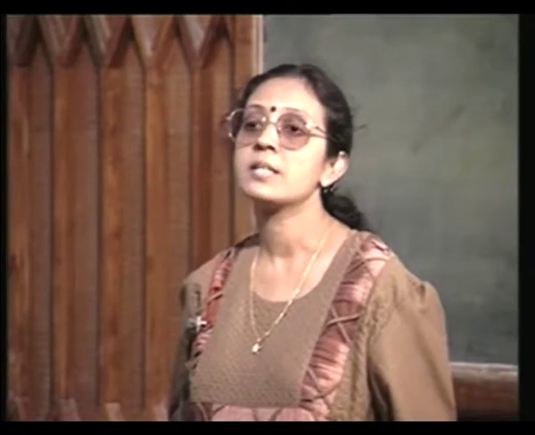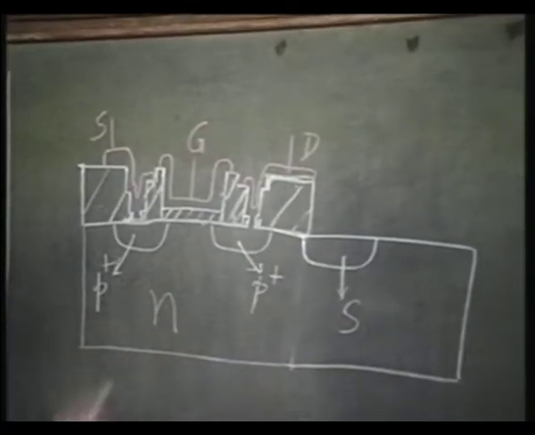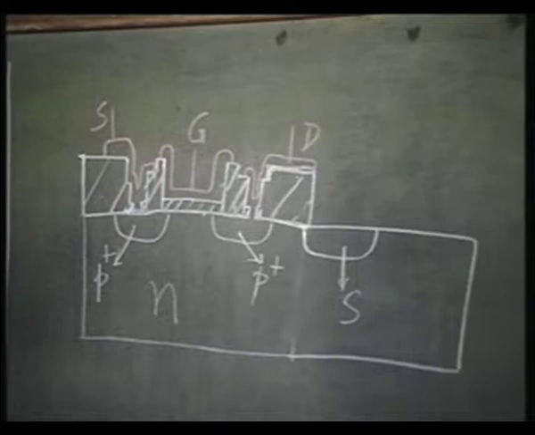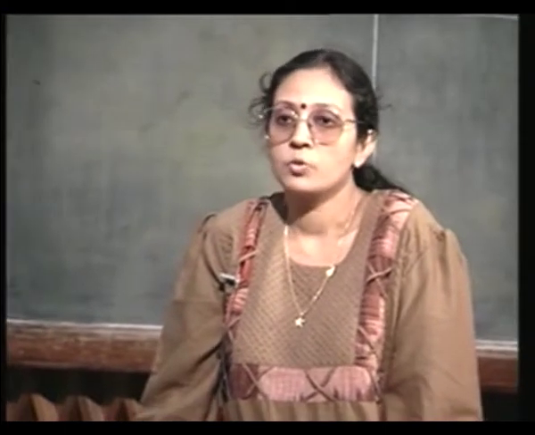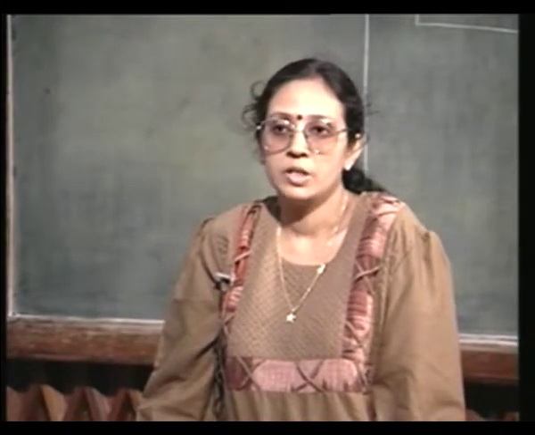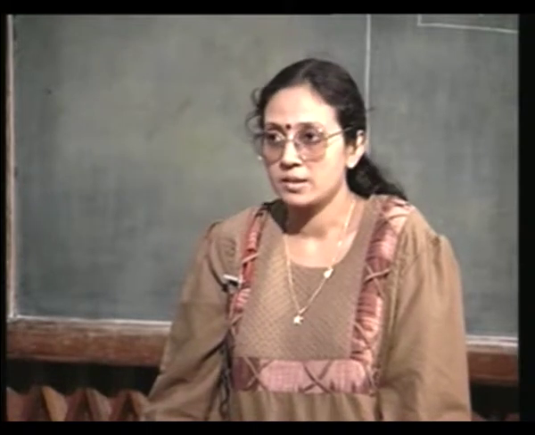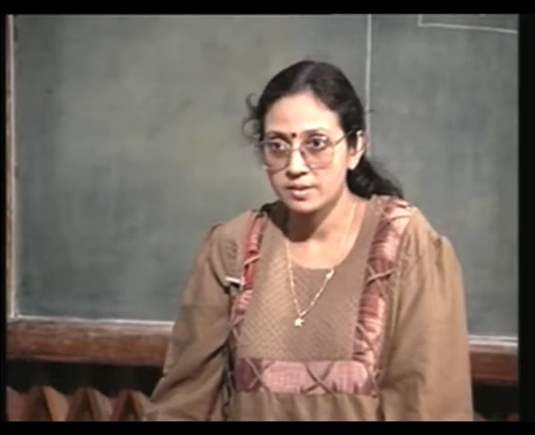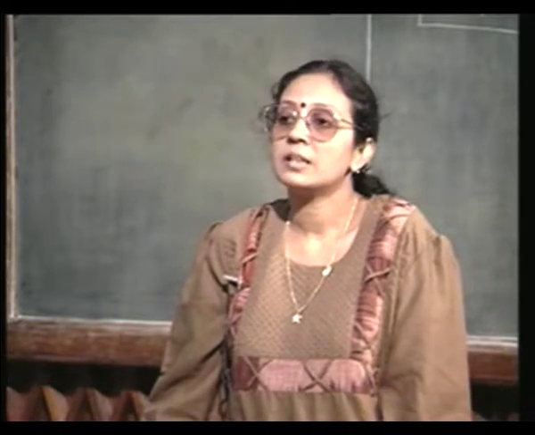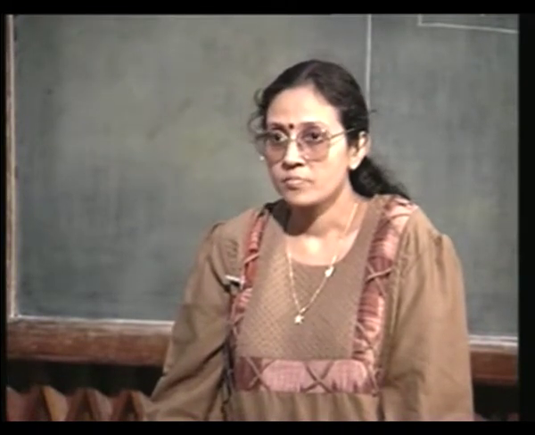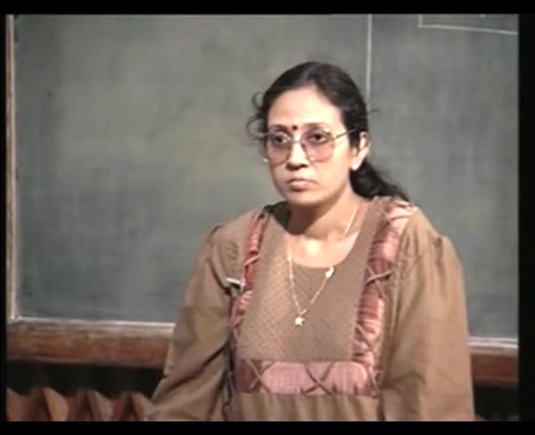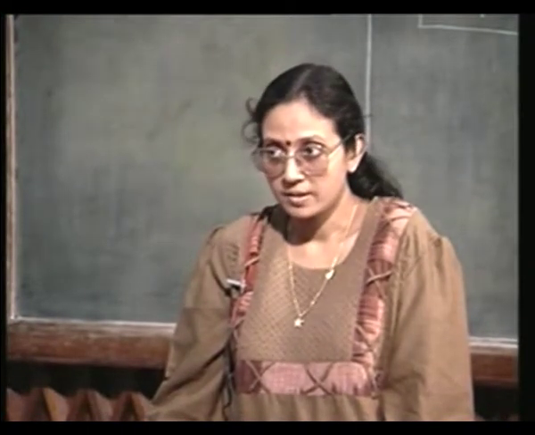Now, this oxide must be thick so that the turn on voltage, the threshold voltage of this parasitic MOSFET, is very large. You know Vt, the expression for threshold voltage, is almost inversely proportional to the oxide capacitance, Cox, the gate oxide capacitance. So, that means thicker the gate oxide, smaller is the capacitance.